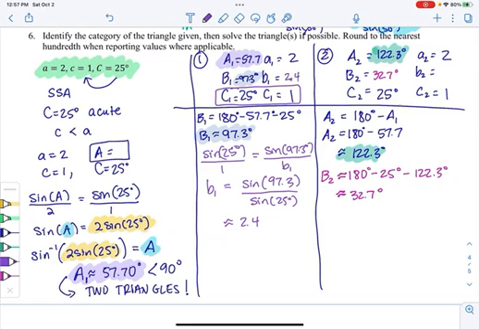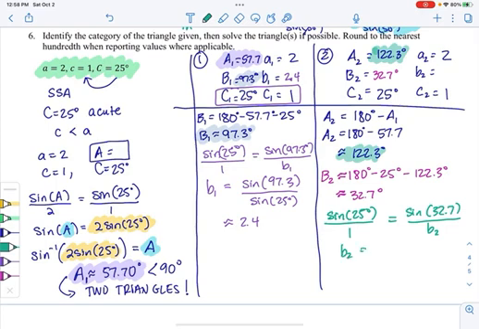Okay, and then I can do the same thing for b sub 2 over here. So I still have sine of 25 degrees all over 1, and then that's going to give me sine of, now for my b's, 32.7 degrees all over b sub 2.